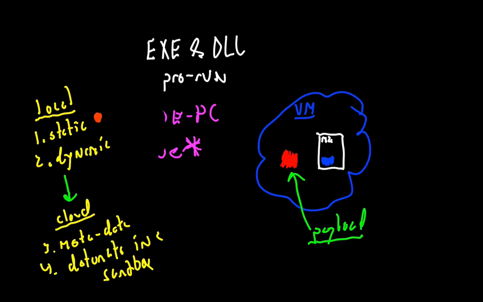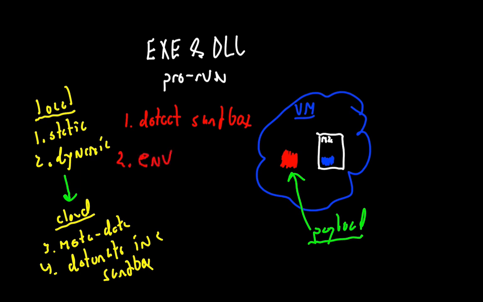So what are the strategies to deal with this kind of analysis? Well, really, there's two sides to the same coin here. The first is try to detect the sandbox. And if you detect that you're running in a sandbox environment, do something benign, but don't go so far as to take the steps to reveal your offense functionality. The other side of the same coin is, instead of detecting the sandbox, try to detect when you're running in your target's environment.